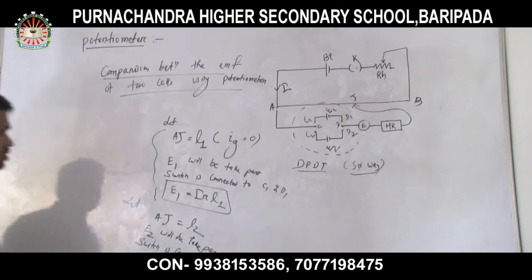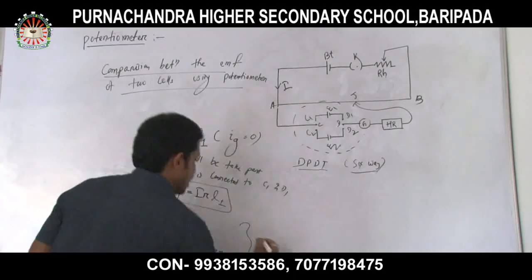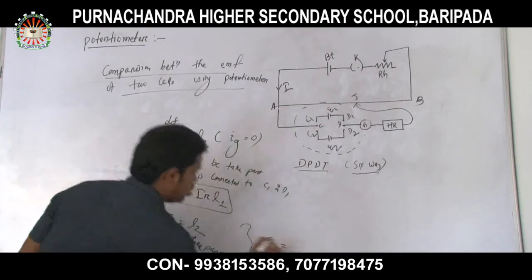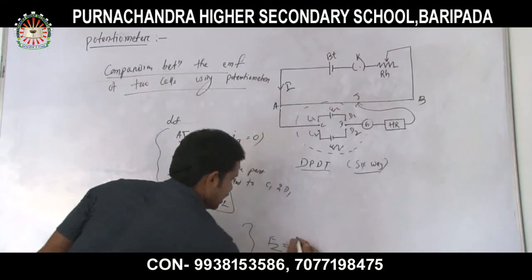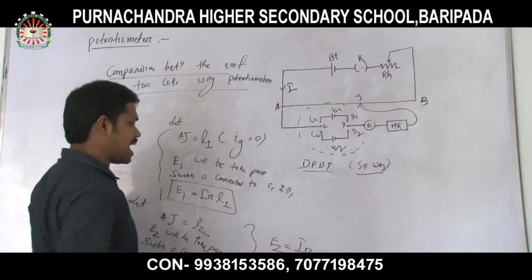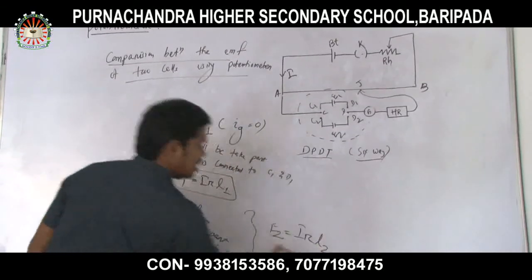Very simple. So in this condition, E2 is equal to current I, resistance R, and length L2.